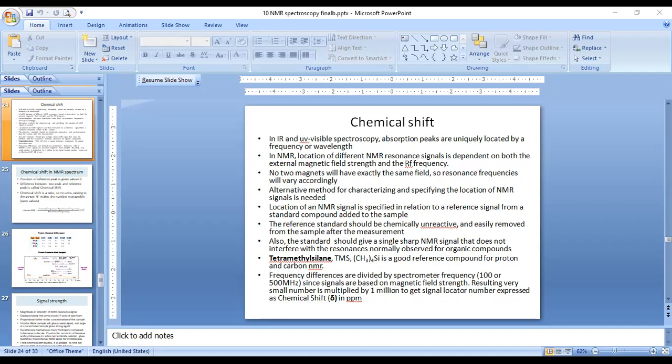It is the radiation absorbed by the sample, minus the reference frequency, that is for the TMS compound, tetramethylsilane, divided by the reference frequency, multiplied by 10 raised to 6. So instead of putting percentage values, we take values for 10 raised to the power 6, so that the number becomes more manageable to us.